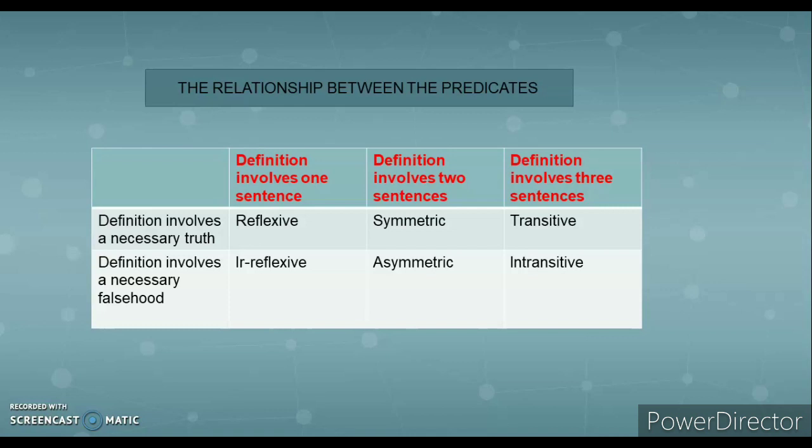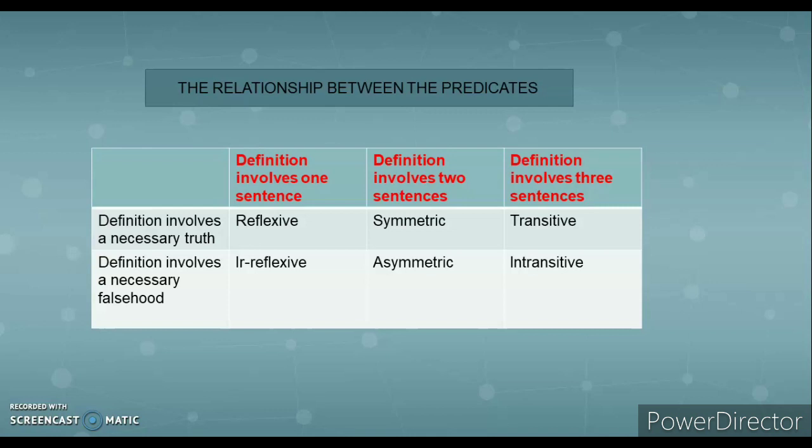When the definition involves a necessary truth and relates to 1 sentence, we call it reflexive. For 2 sentences, it is symmetric. For 3 sentences, it is transitive.